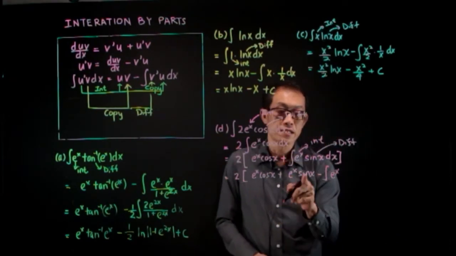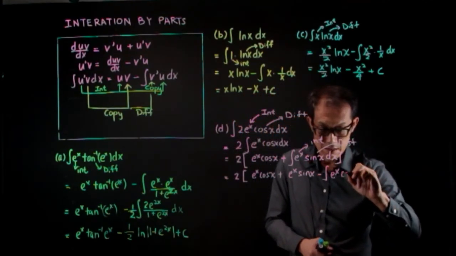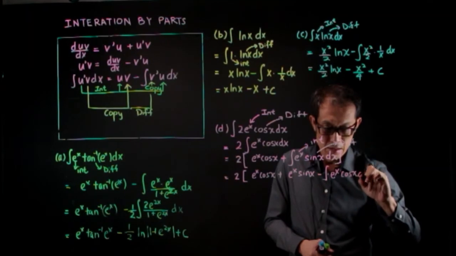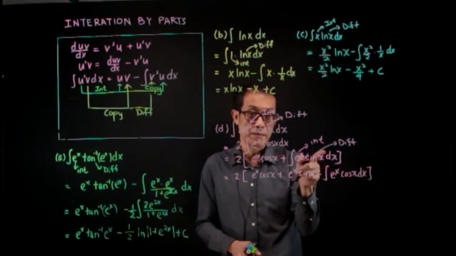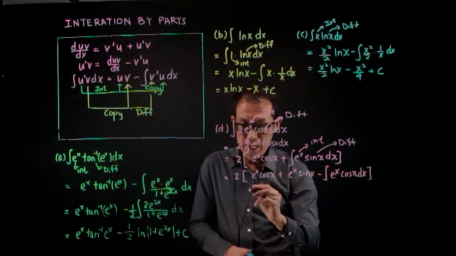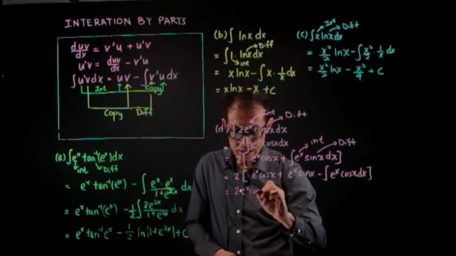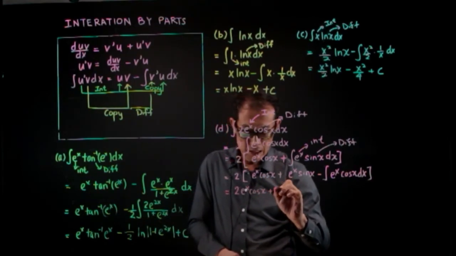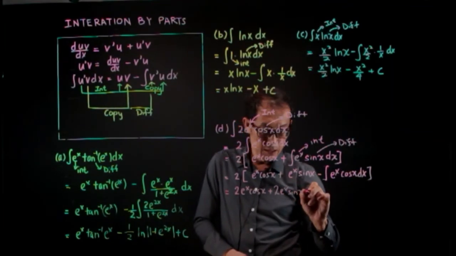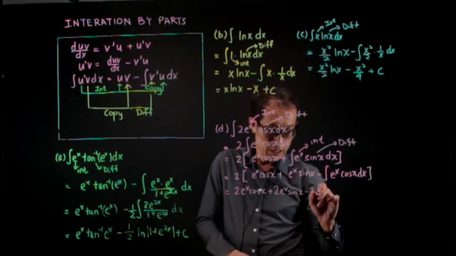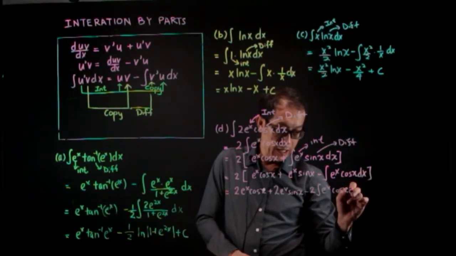And I differentiate sine x. I differentiate sine x, I get cos x. Okay, you realize these two terms are the same, they are like terms. I multiply the 2 in, I got 2 e to the power x cos x plus 2 e to the power x sine x minus 2 e to the power x cos x dx.